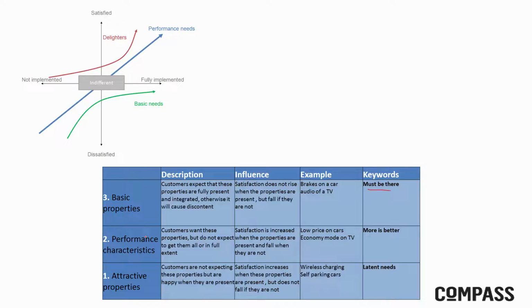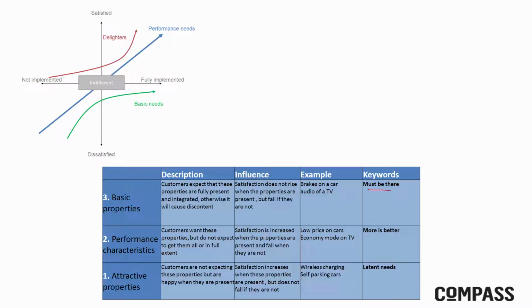Okay, number 2, performance characteristics. We want these, and this is what you would typically see in commercials. This is what the companies try to sell their products on. We have this and this performance, and our competition does not. But we also know that we don't expect to get all of them to the full extent.